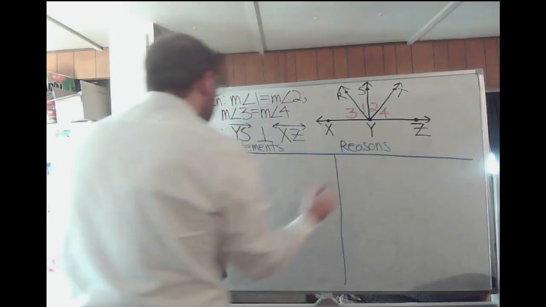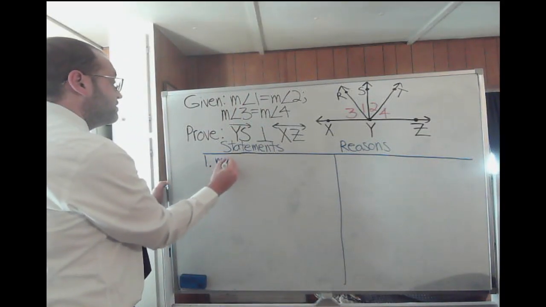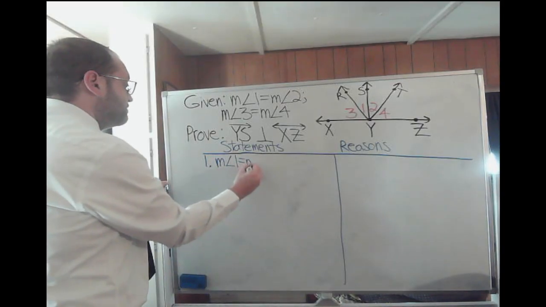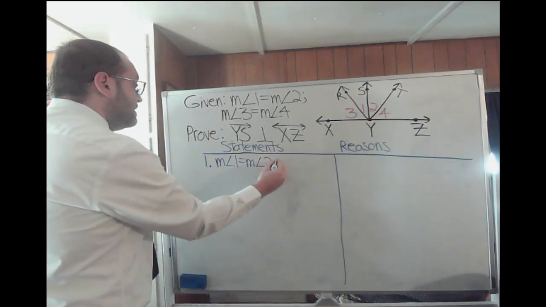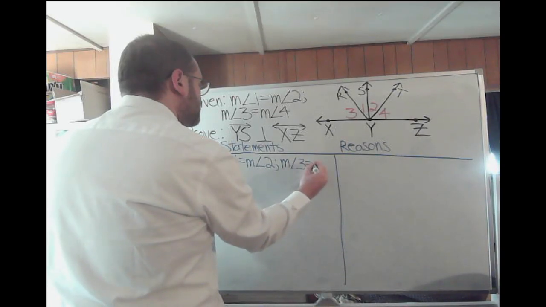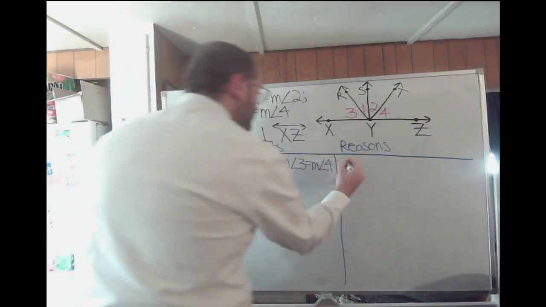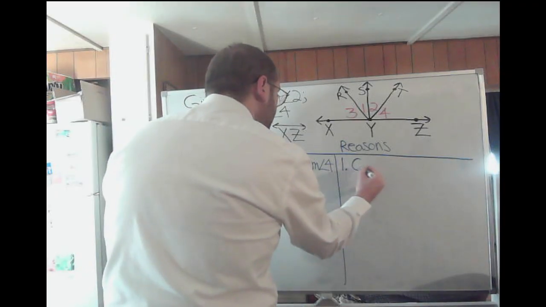Okay. So to begin our proof, let's start with the given information. The measure of angle 1 equals the measure of angle 2. And then the measure of angle 3 equals the measure of angle 4. That's going to be by your given information.